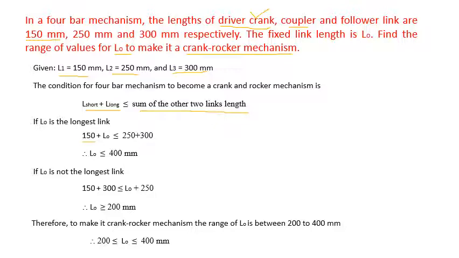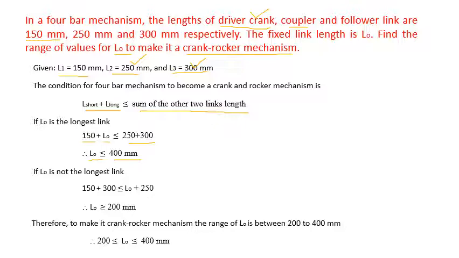So in place of the driver crank or shortest link, I will substitute 150, and let us find the length of the longest link L naught less than or equals to the sum of the other two links, that is 250 plus 300. After simplifying this, we got L naught is less than or equals to 400 mm. So that is the length of the longest link, 400 mm.